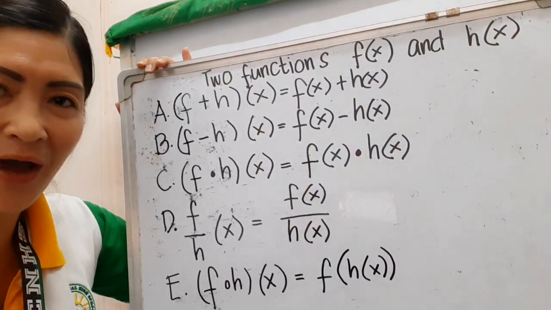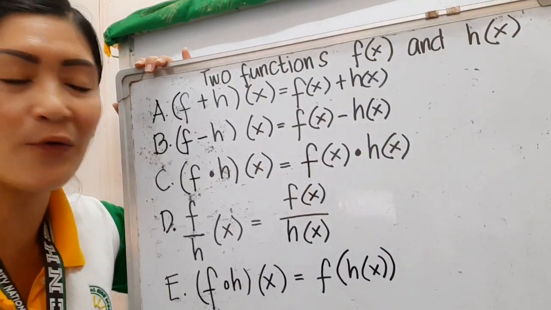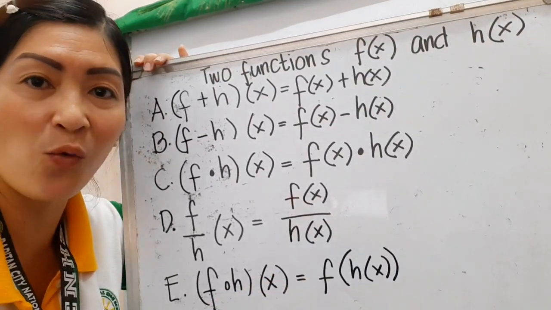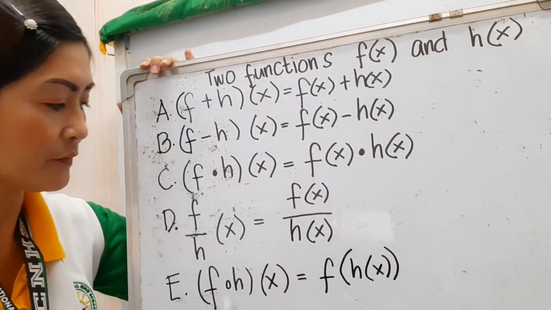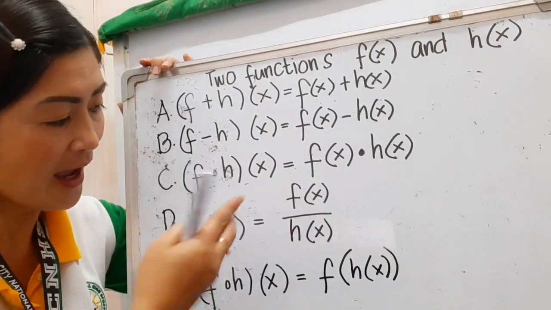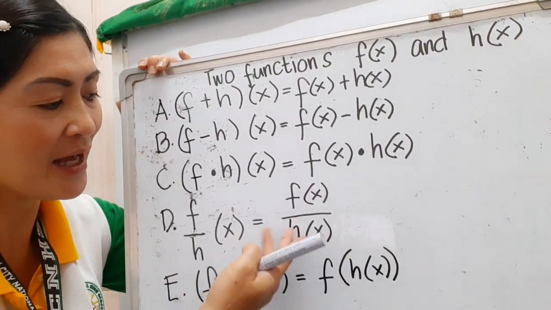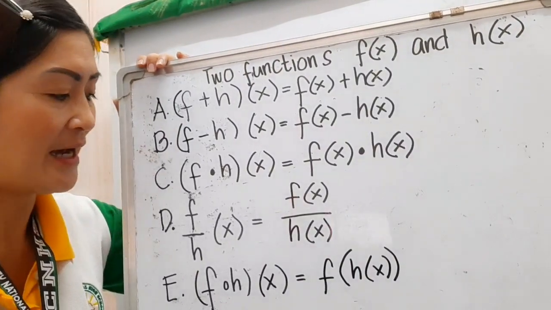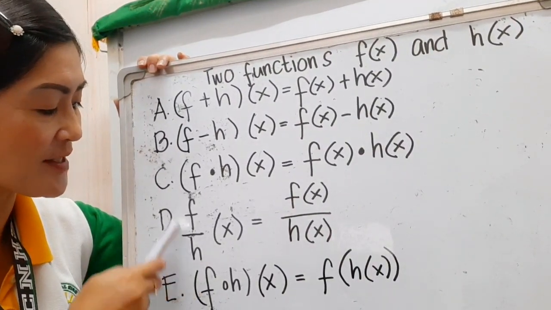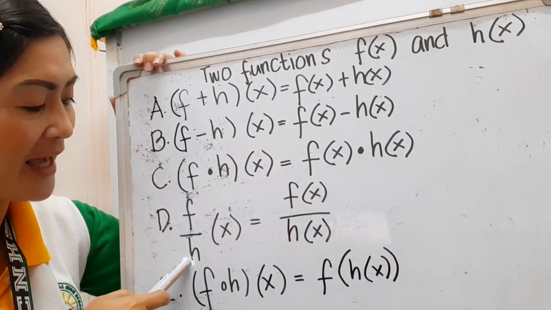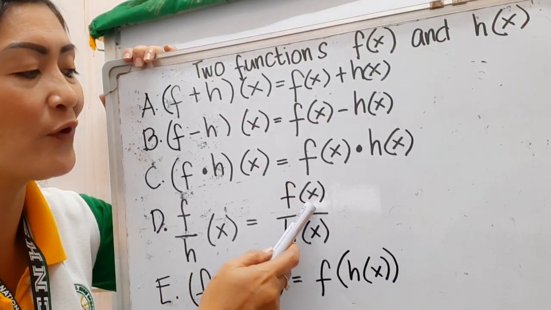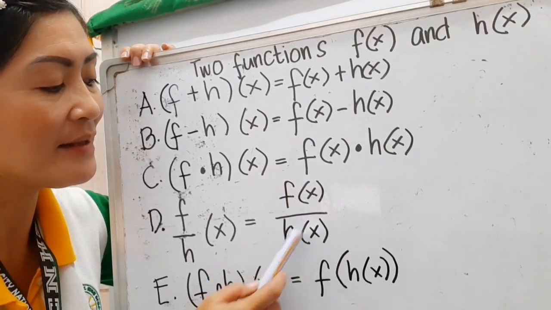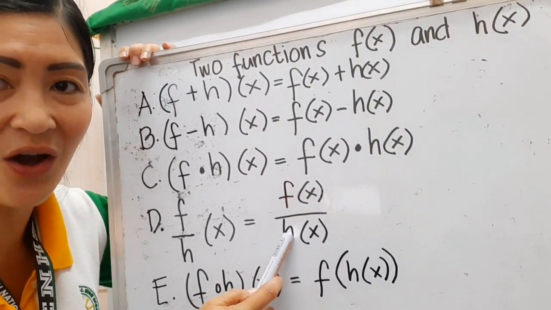We can also divide functions if the divisor or the denominator is not equal to 0, since any rational expression, if the denominator is 0, will be undefined. Now, for f divided by h of x, you can have the first function divided by the second function, h of x.